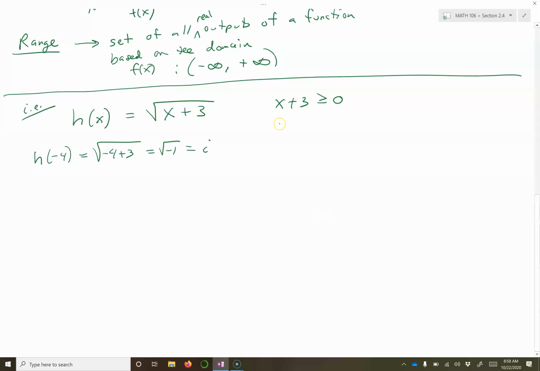So then we solved this and saw that x is greater than or equal to negative 3. Well, that's going to be our domain. We just have to write it in interval notation. So what's x is greater than or equal to negative 3 in interval notation? What would it be? Yeah, go ahead.